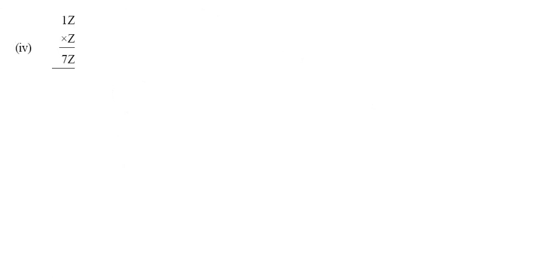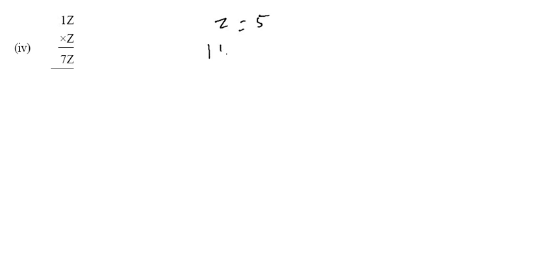Let us see the next question, that is the fourth part. So what will happen in this? All three numbers are the same. So you can write three numbers same. How can we do this? In this question, both are the same having the number 1. It may be 1, but if it is 1, it is not possible, 1 1 gives 7. So that means suppose z is equal to 5.